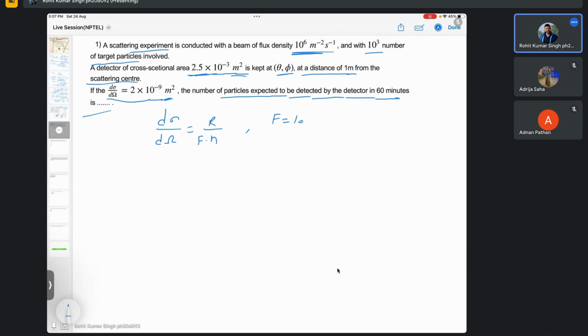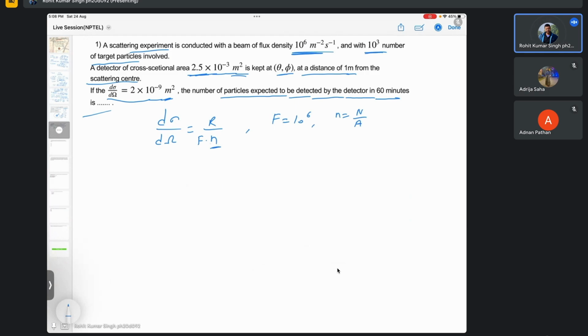Given is the flux; I'm not writing the units, just standard units. And then what is given is 10 to the power 3 target particles. But in the formula, it's the number density, if I remember right? Or is it only the number? So basically it's number density only. Yes, number density.